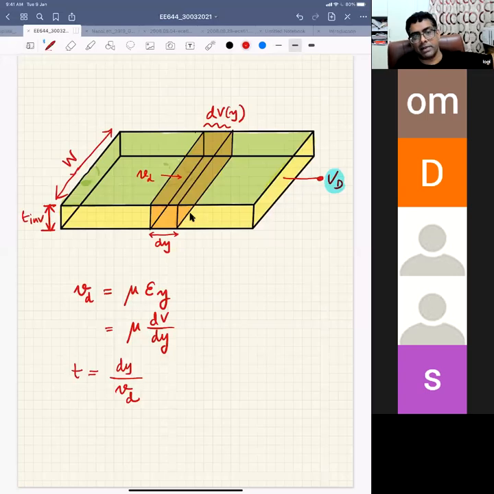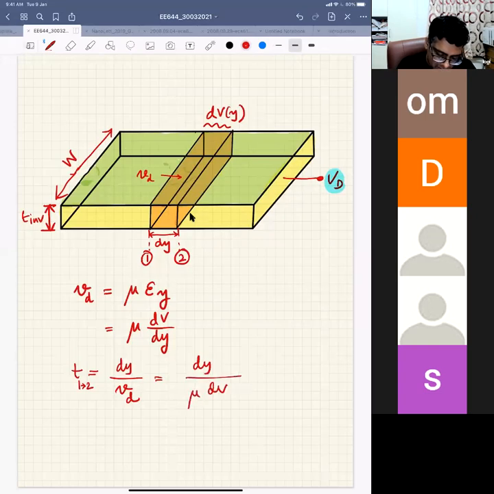Let's say this is point 1 and this is point 2. The time taken by the electron to go from point 1 to point 2 is nothing but dy by Vd. So I could write this as dy divided by mu dV by dy.